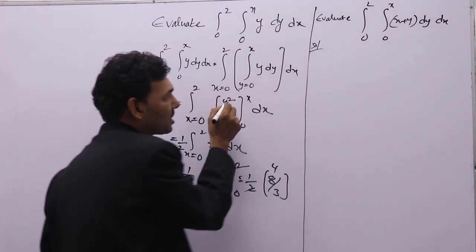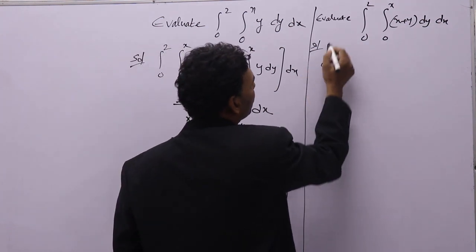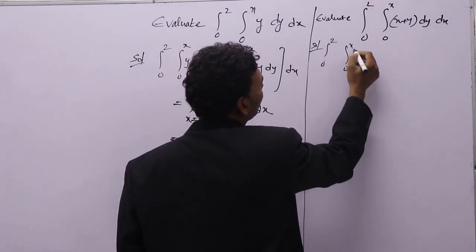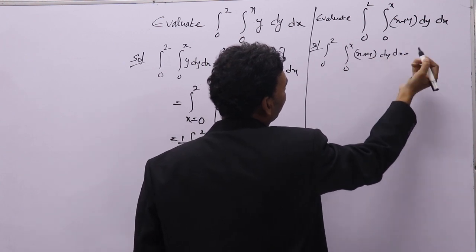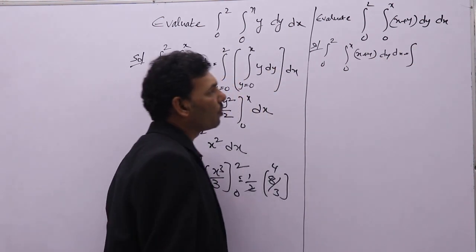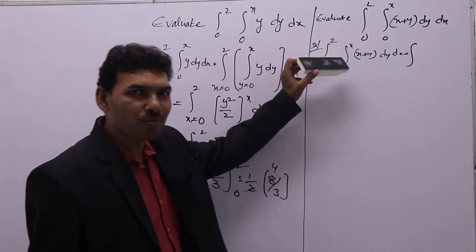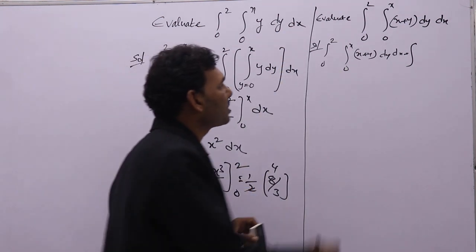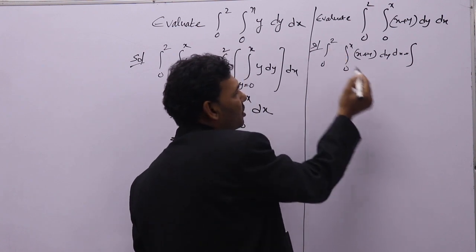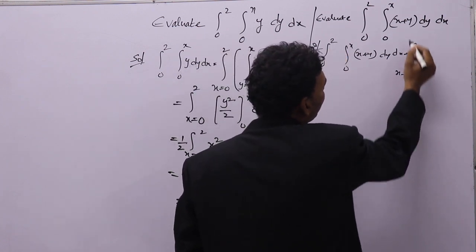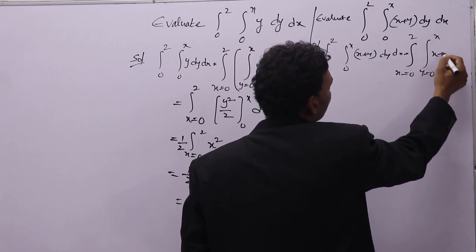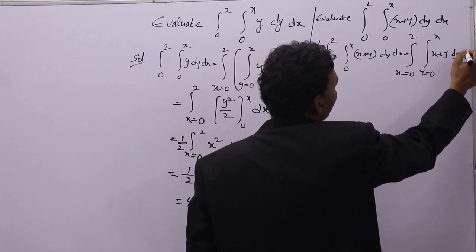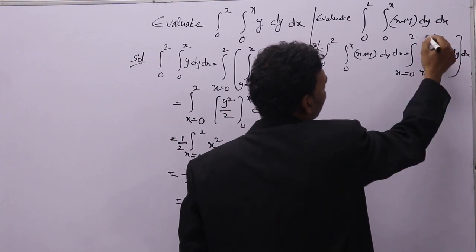I said just now, if limits are in terms of x, they are limits of y. That means these are limits of y, then these are limits of x. X equal to 0 to 2, y equal to 0 to x, x plus y dy dx.